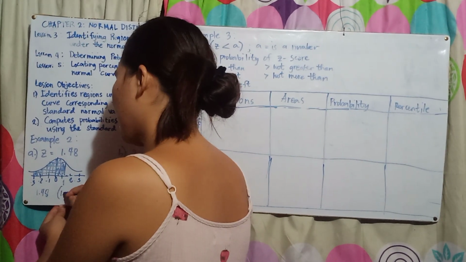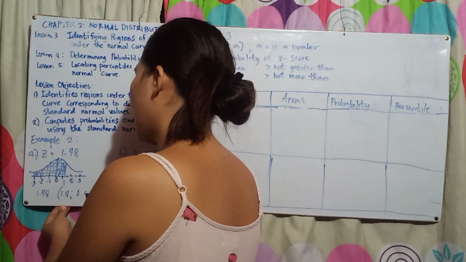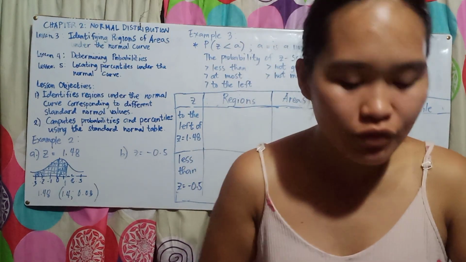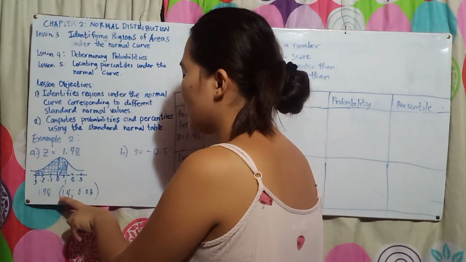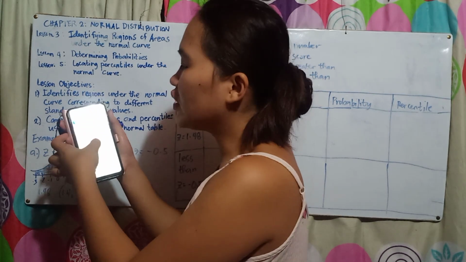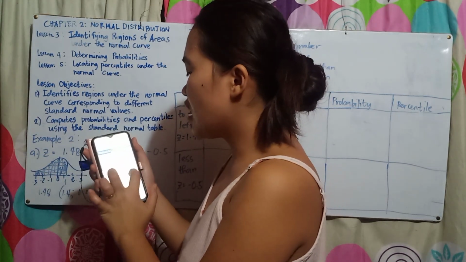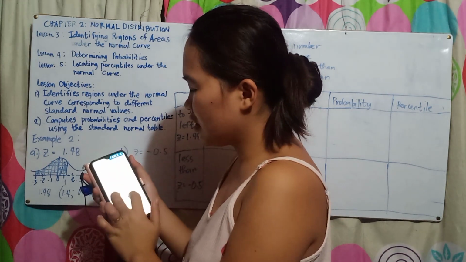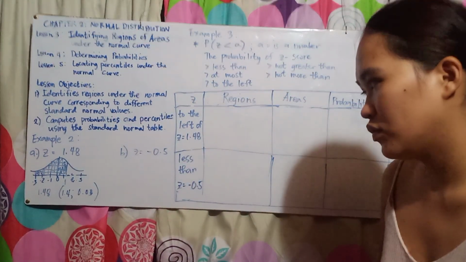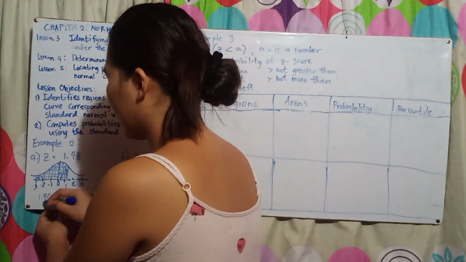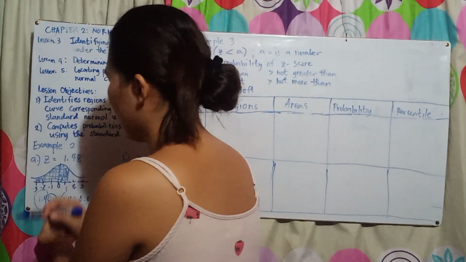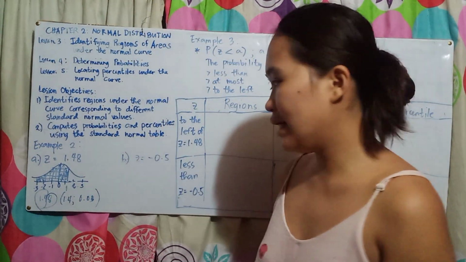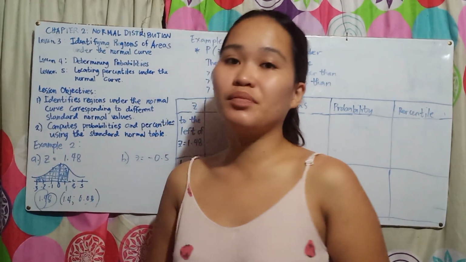So, it becomes 1.4 and 0.08, because when you add them, the result is still 1.48. We need to split it into 2 to match the table. Since our table has 2 decimal places at the top and 1 decimal place at the side, it has to be in hundredths places.